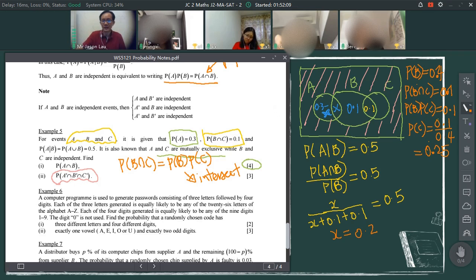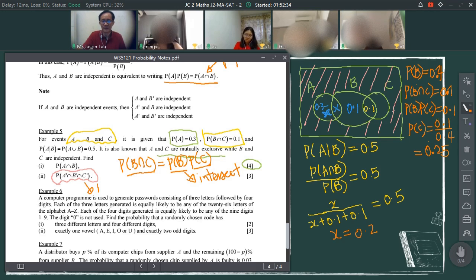So you can find PC, then you can find 1 minus the rest of ABC to get the union. Is it equal if they are independent? No, independent has not much relationship. Independent just means you have this formula to follow.